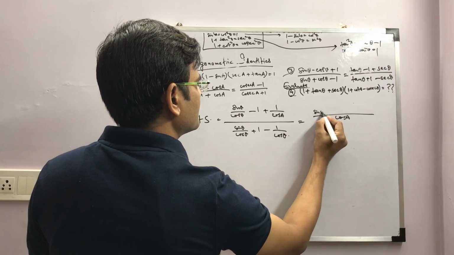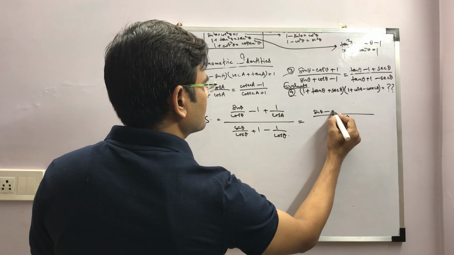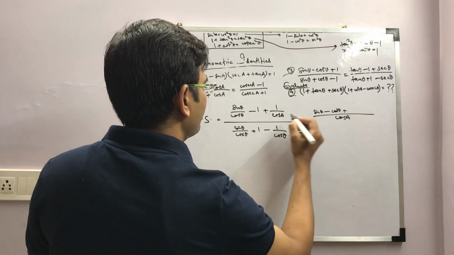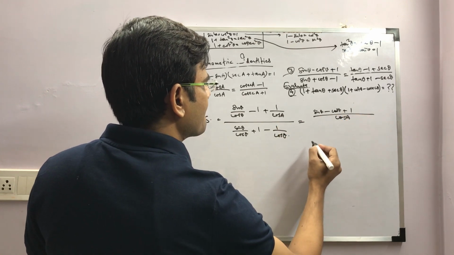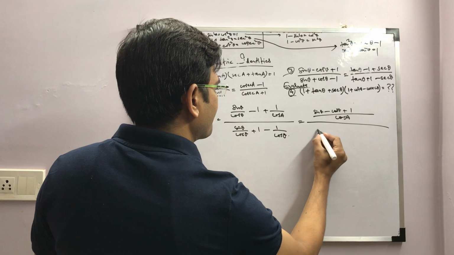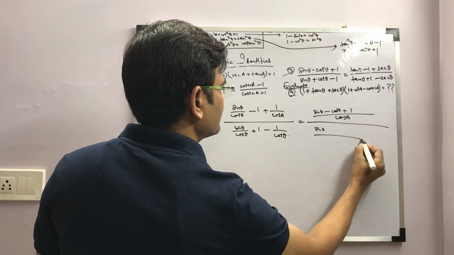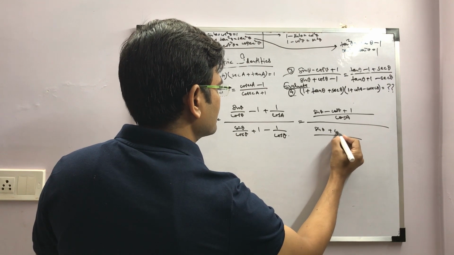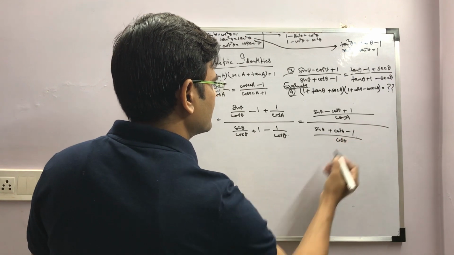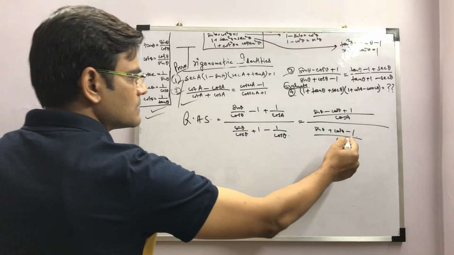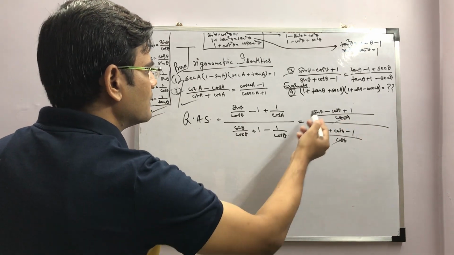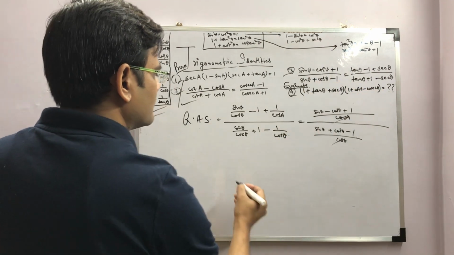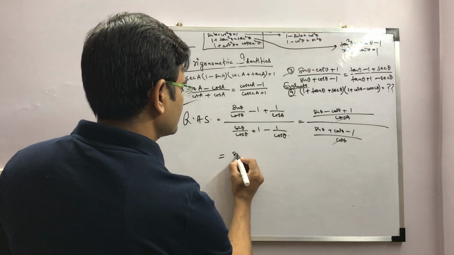Sin theta minus cos theta plus 1 over cos theta, sin theta plus cos theta minus 1. The denominators cancelled and you are left with what? You are left with the left hand side, LHS.